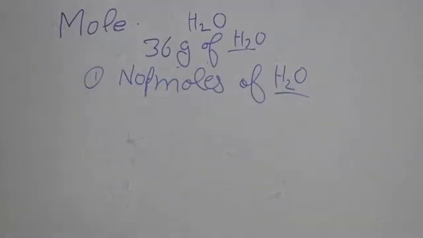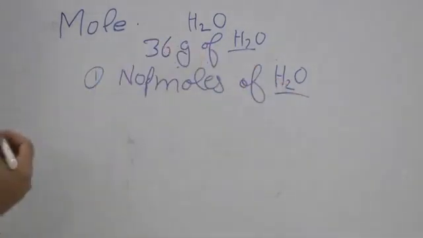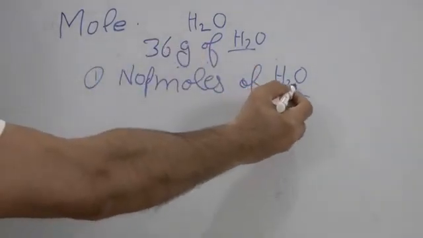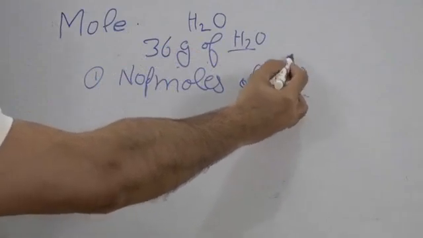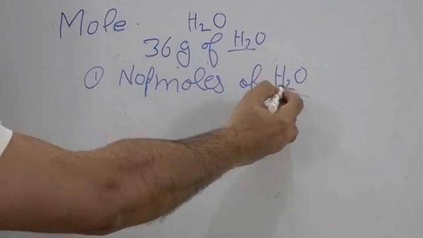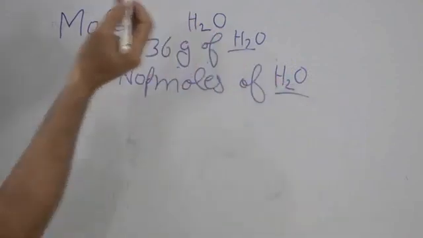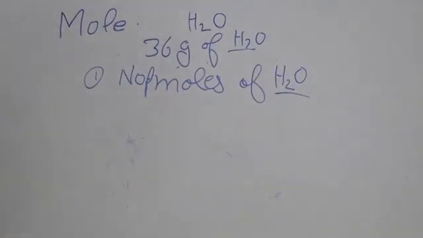So for that, what do we have to find out? First we must find out the mass in U of 1 unit. The number of H2O moles means the number of moles of the H2O molecules.